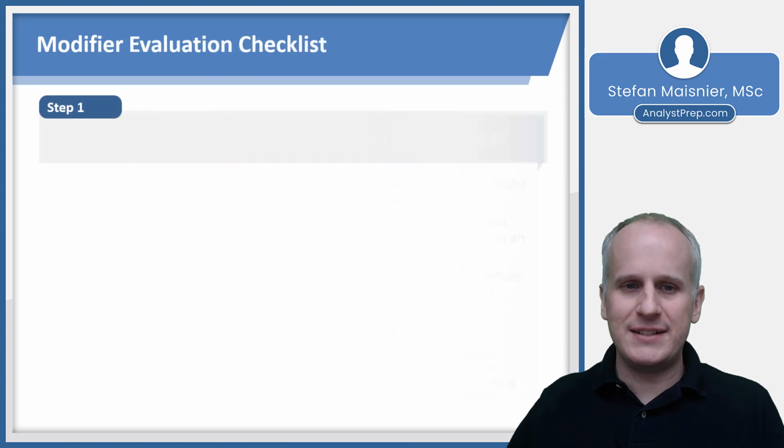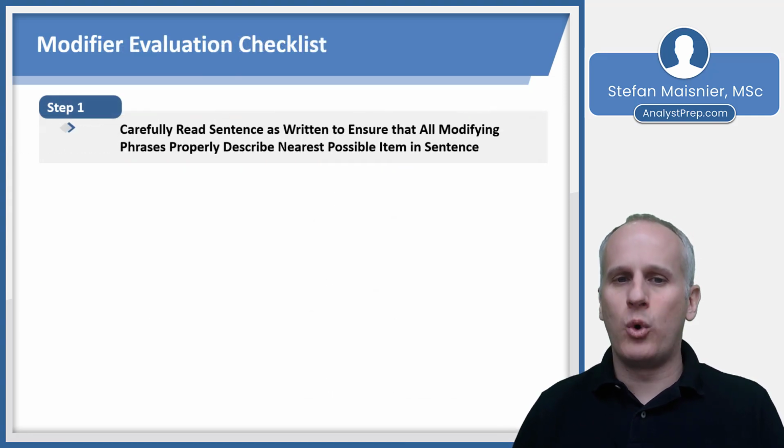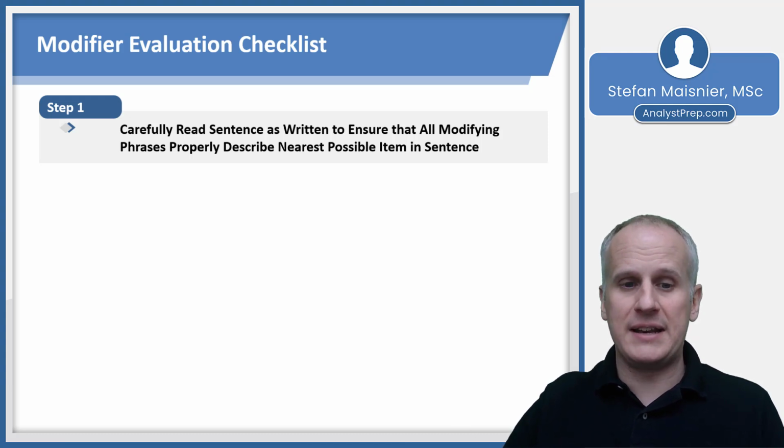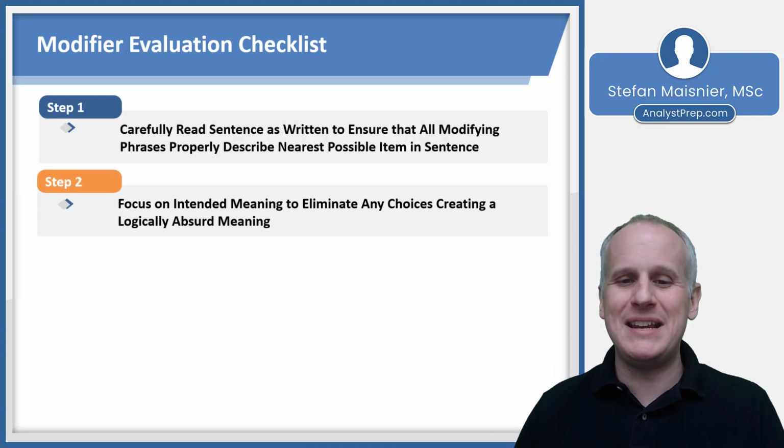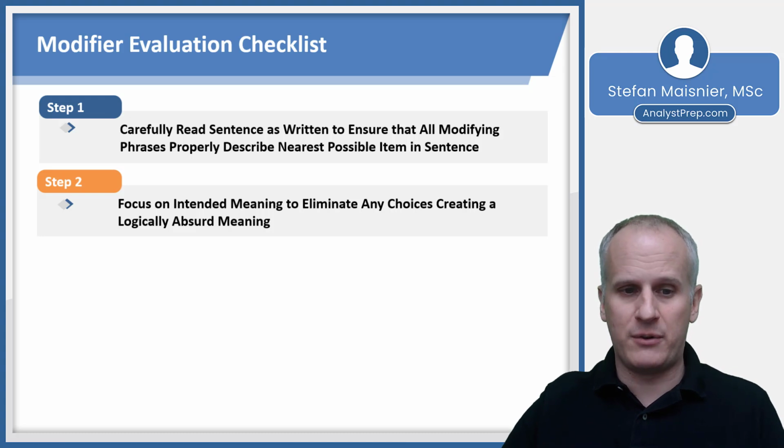So, just in summary, how can we work through evaluating modifiers? First, carefully read the sentences written to ensure that all modifying phrases describe the nearest possible item in the sentence without introducing any sort of absurdity. You need to focus on the intended meaning to eliminate choices creating that logically absurd meaning if it occurs, however.